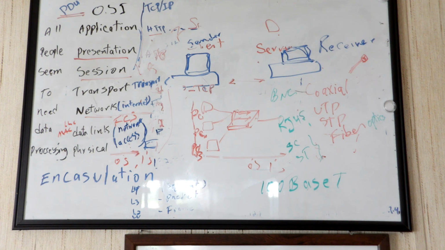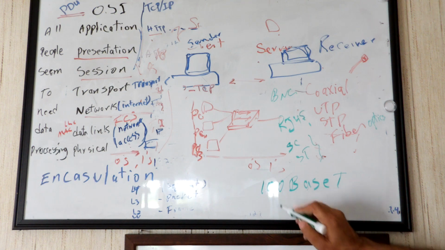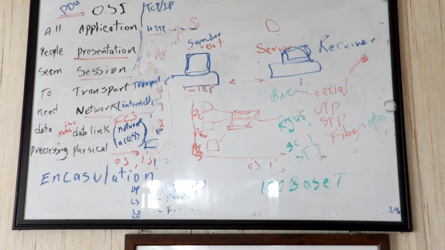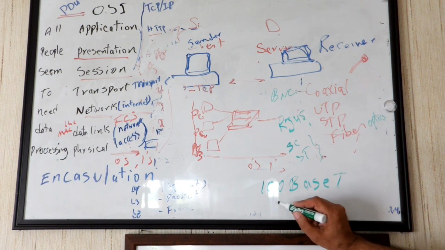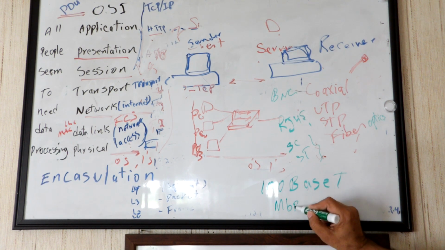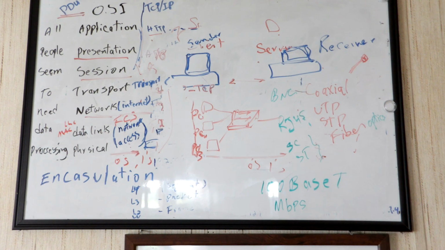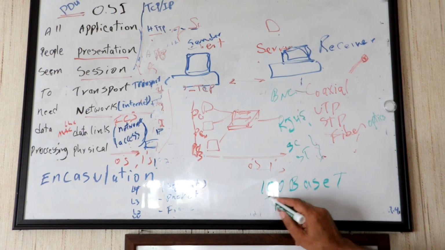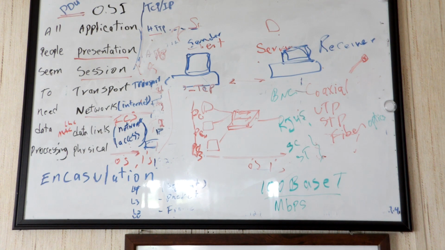This is the speed: the speed of transmission is 100 megabits per second. And base is the baseband signaling. Usually this is used for fast Ethernet.